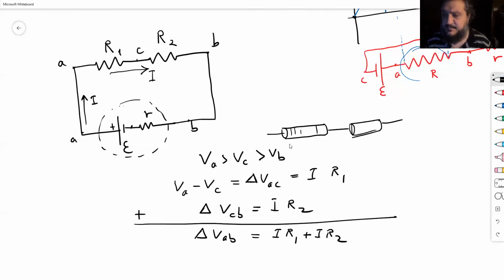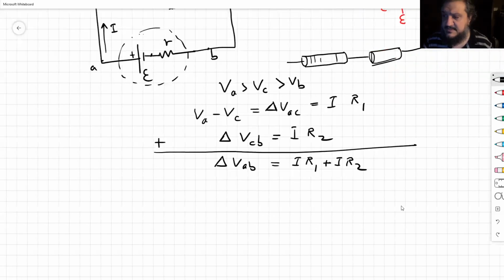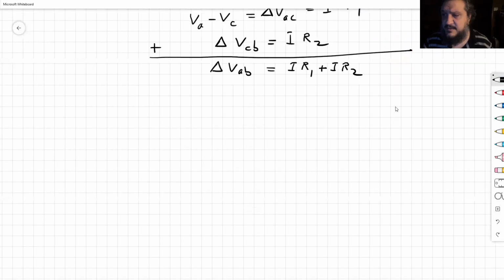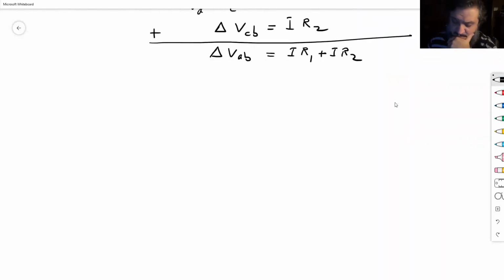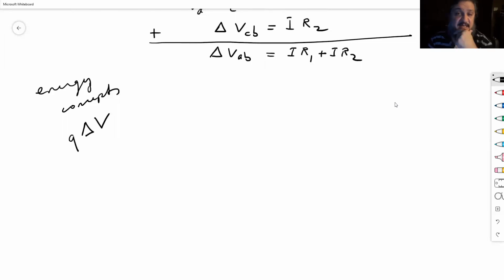So the last thing I want to talk about today is energy. Let's think of these in terms of energy concepts. If you move a charge through a potential difference V, that's energy.